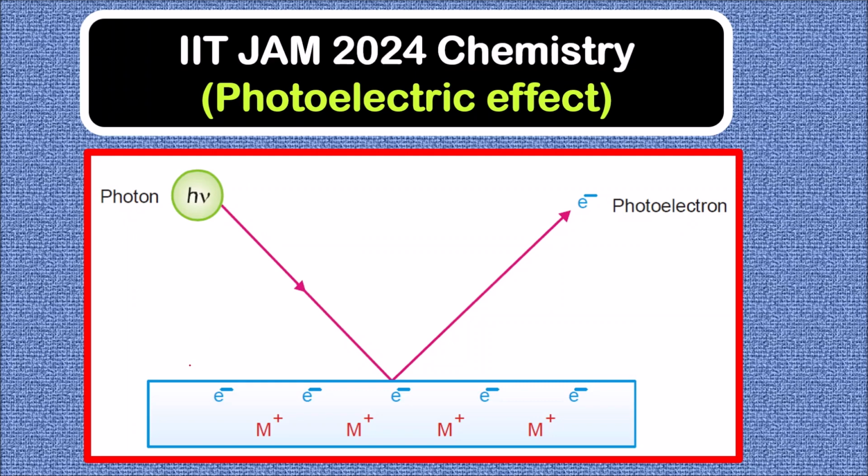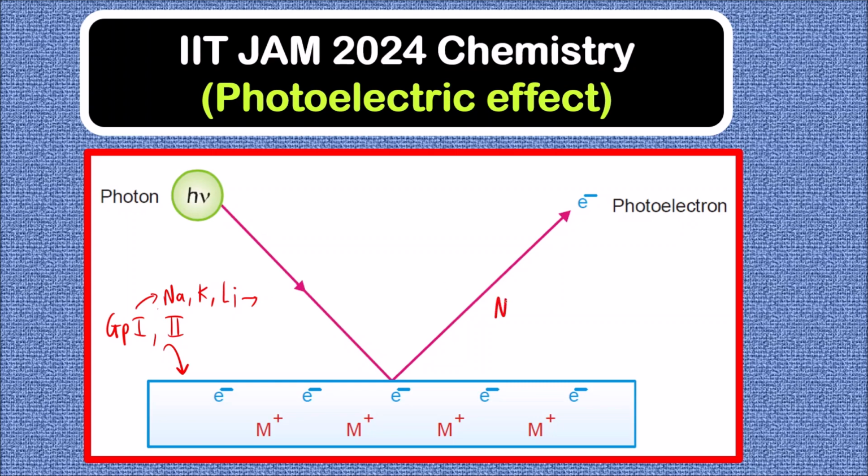So what exactly we do here is we take a metal surface. Which metal do we use? Metals from which the electrons can be easily removed, where the electrons are loosely bound. For example, group 1 and group 2 elements. Group 1, for example sodium, potassium, lithium, all these metals can easily lose one electron.